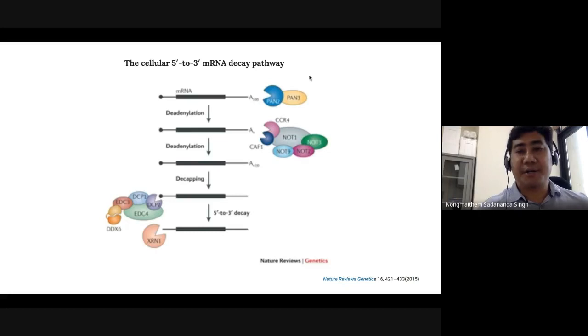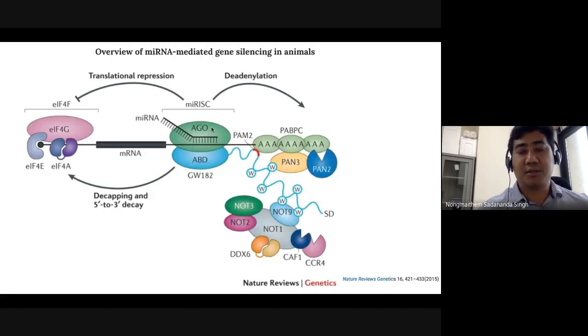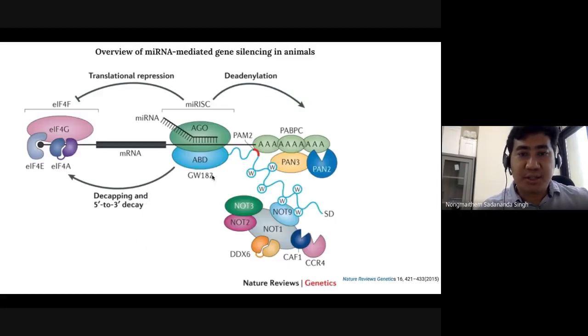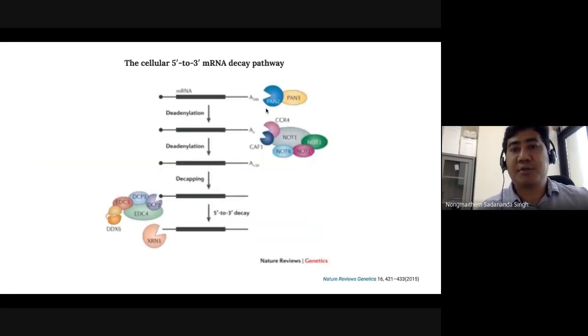The microRNA, as we have seen here, the complex AGO, RBD, GW182 recruits certain factors, and then these factors in turn recruit other factors. So in the stepwise manner, the AGO protein along with GW182 recruits PAN2 and PAN3, which results in the deadenylation of the poly-A tail of the target mRNA.